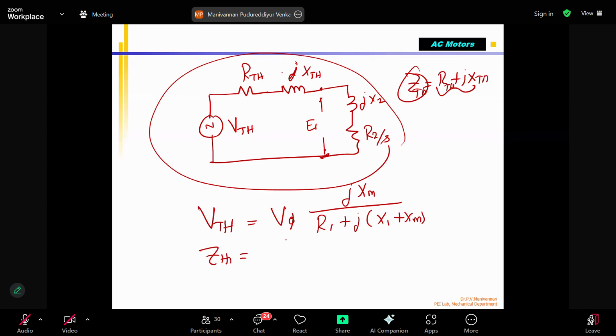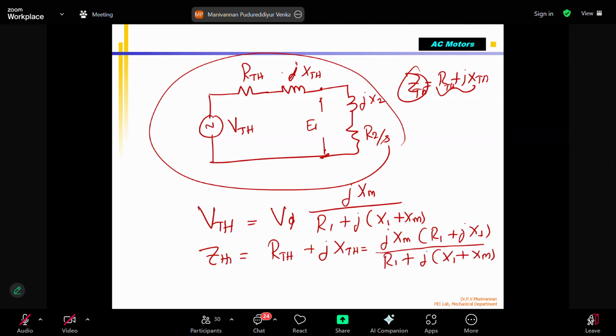Just for comprehensive writing, R Thevenin plus jX Thevenin, which is nothing but jXm into R1 plus jX1 divided by R1 plus j into X1 plus Xm, as written on the previous page. I'm just writing all the formulas to find out the rotor current I2. For that, you need Z Thevenin and V Thevenin.